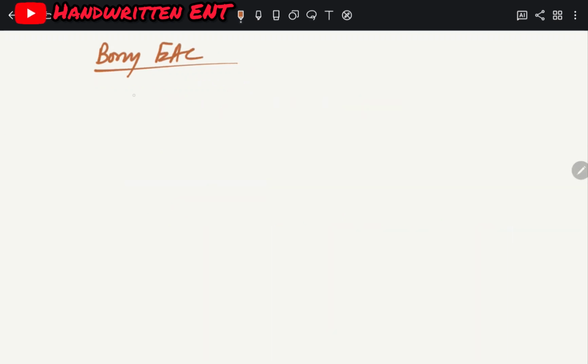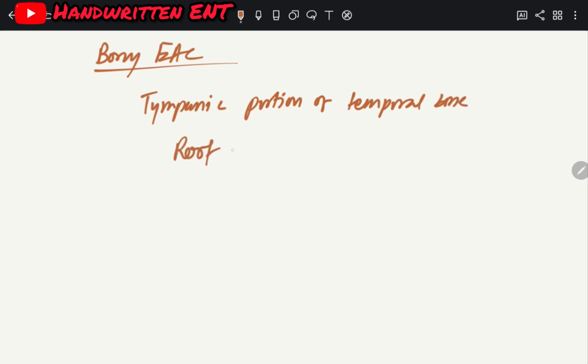The bony EAC is mainly formed by the tympanic portion of temporal bone, but the roof is formed by squamous part of temporal bone.